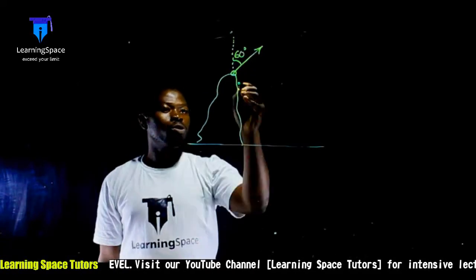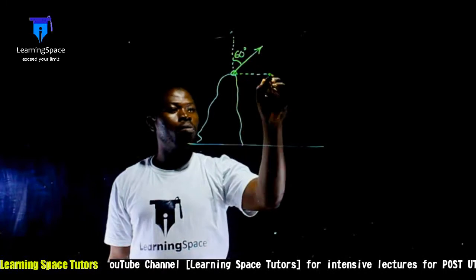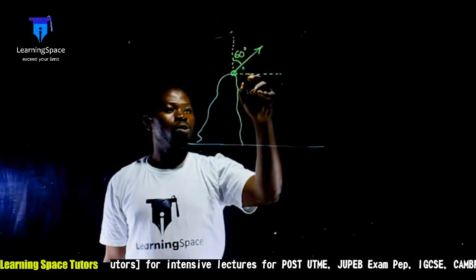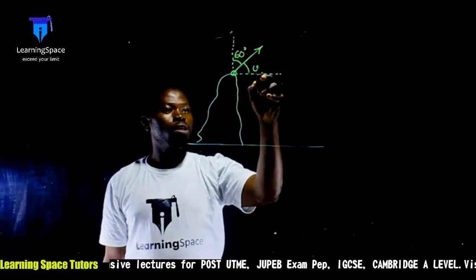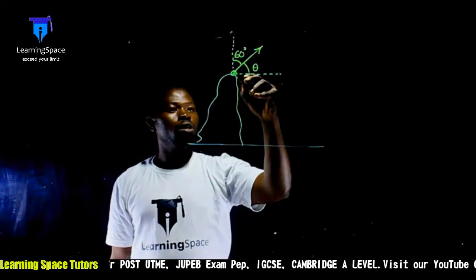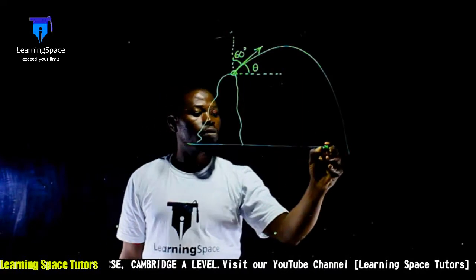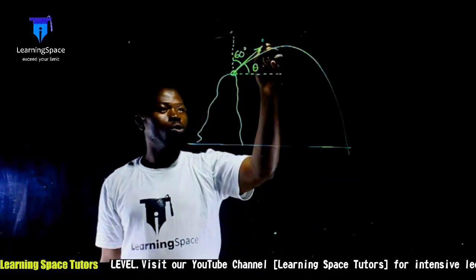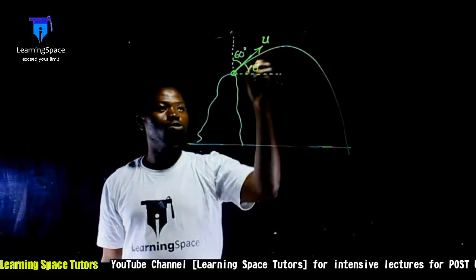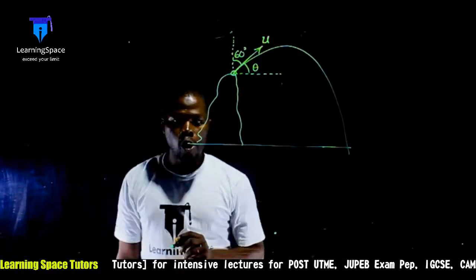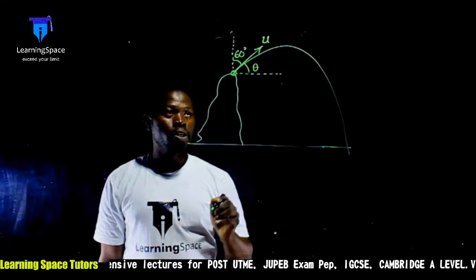And what we use in the projectile motion formula is the angle to the horizontal, which is theta. So we launch this projectile and it lands on the ground with initial velocity u, the initial velocity of 50 meters per second.